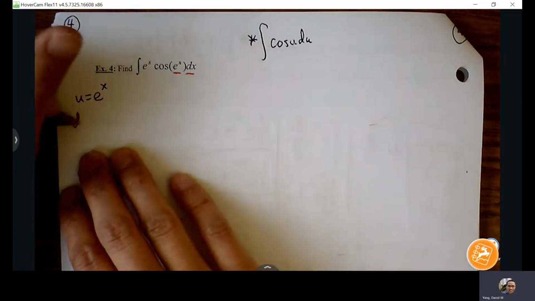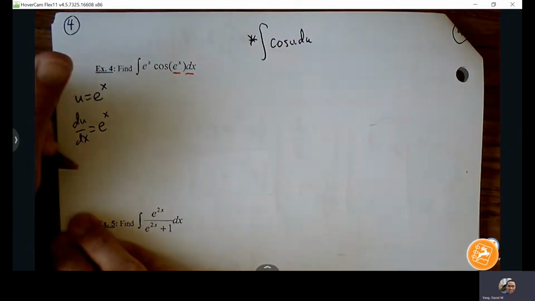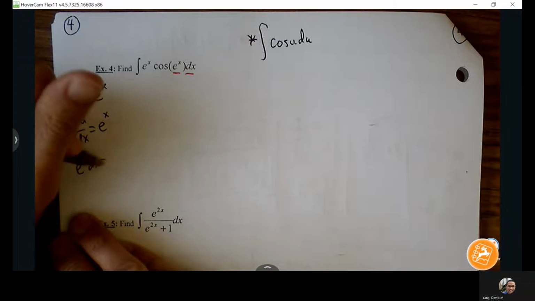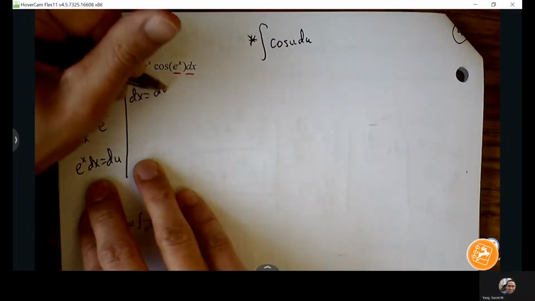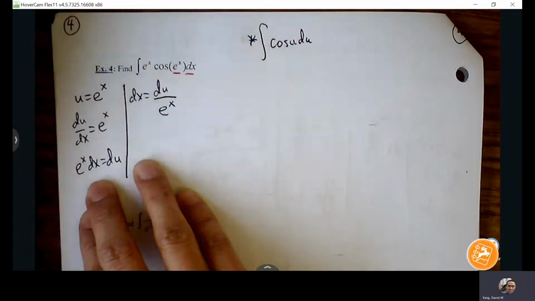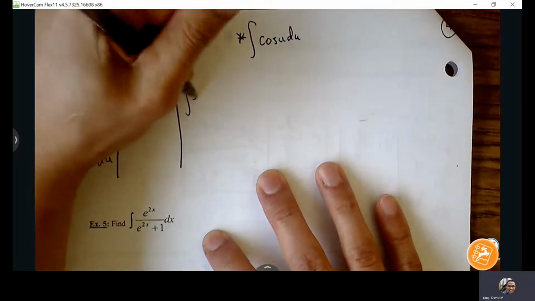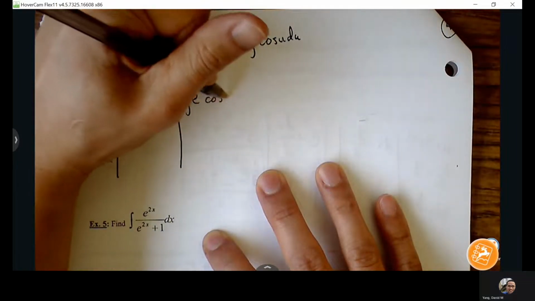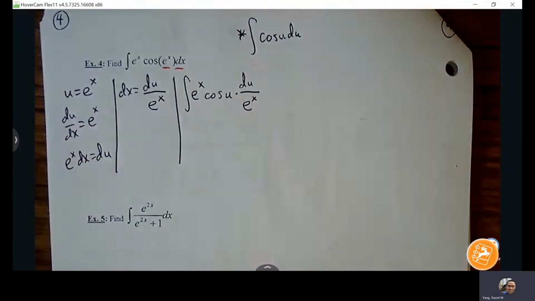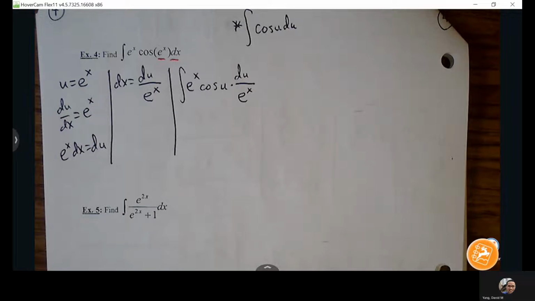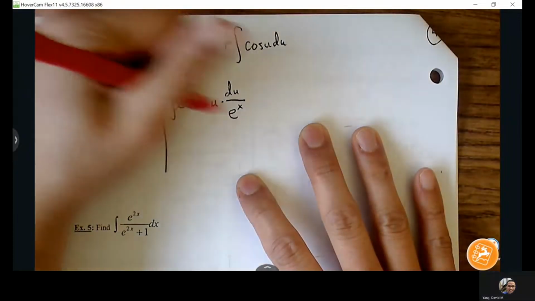The derivative of e to the x is e to the x, cross multiply. Okay, did the e to the x go away? Yes.